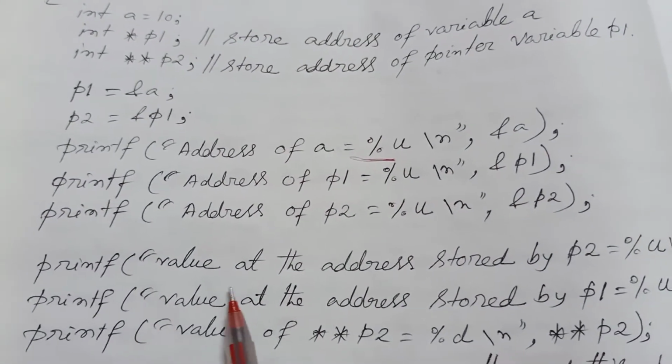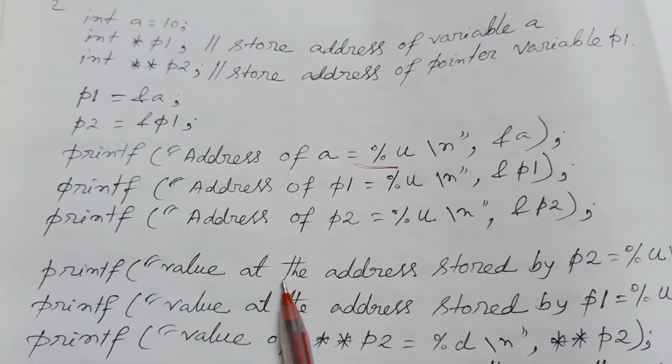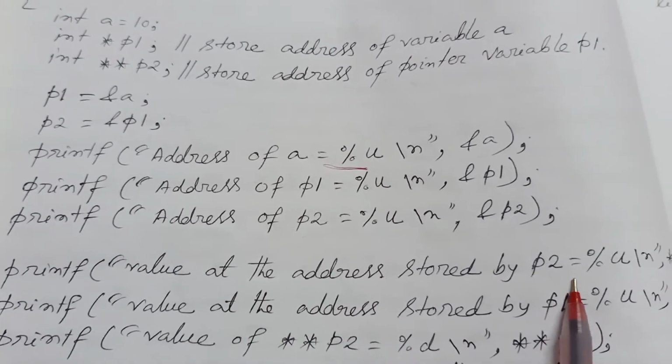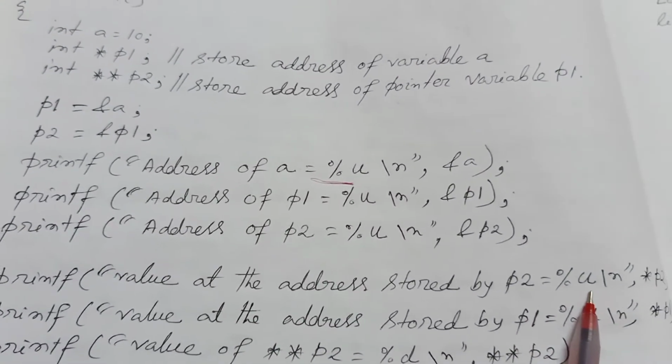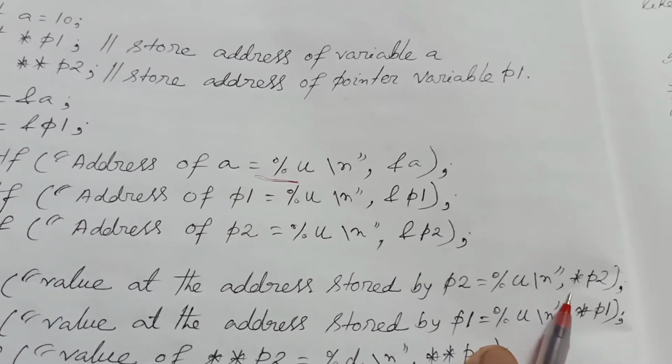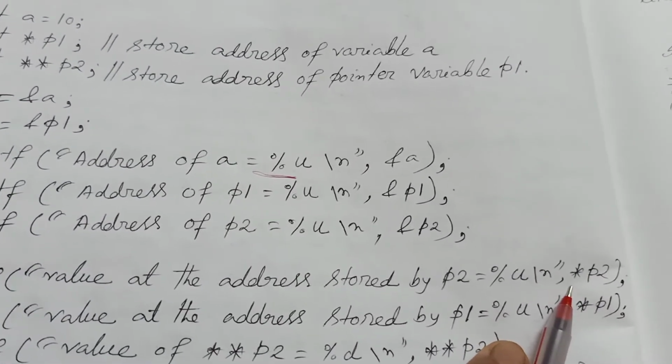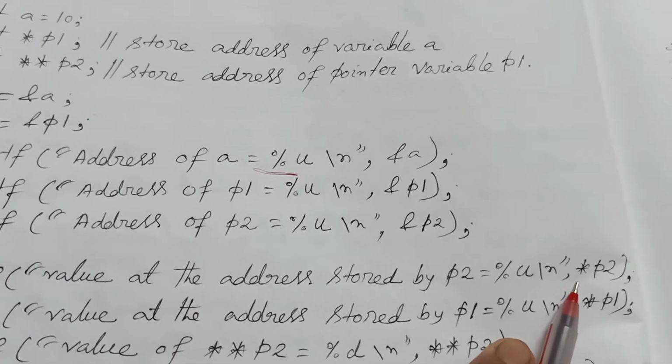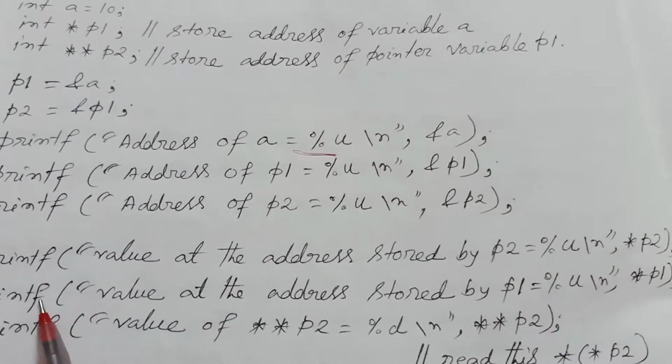Now printf the value at the address stored by p2 equal to %u, quotation complete, after the comma we put *p2.